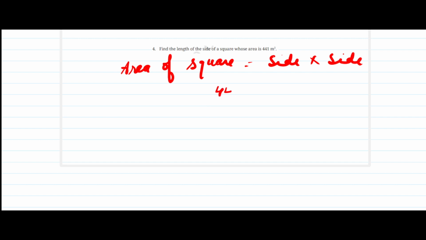Area is given 441 and side into side means side square. If I need to find out the value of side, that means I will use the under root of 441. This will lead me to the answer. Okay? To find out side, we will take under root 441.